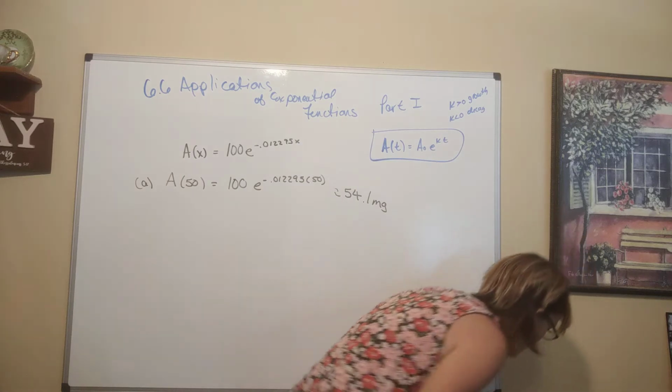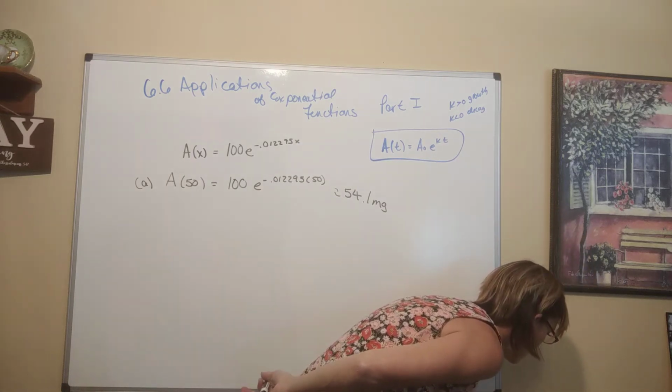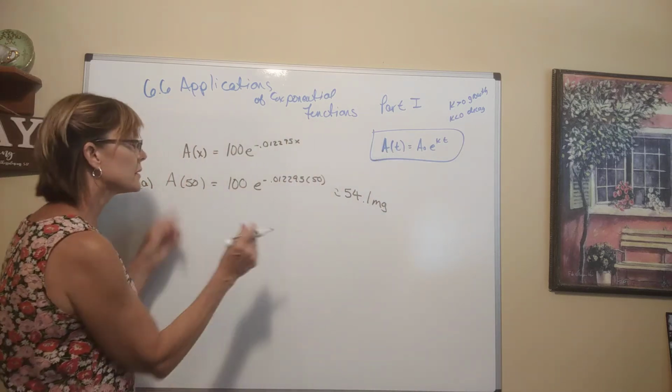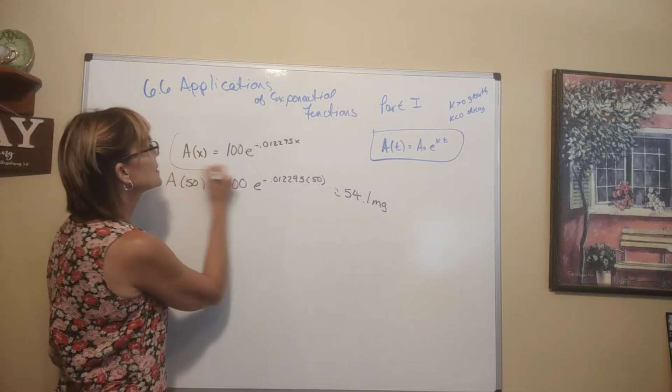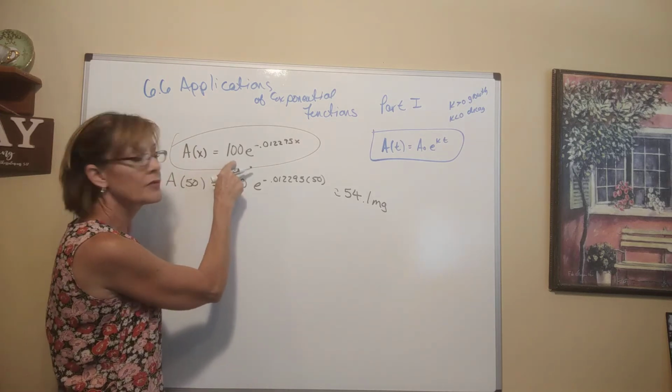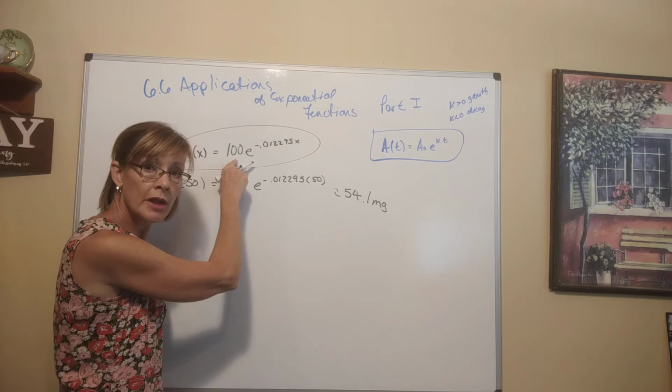Let's see. So part B, it says estimate the half-life. So let's figure out the half-life. This is one way you can do it. This is the working equation. We want to know how long it will take to decay to half of this amount. We already said half of 100 is 50.